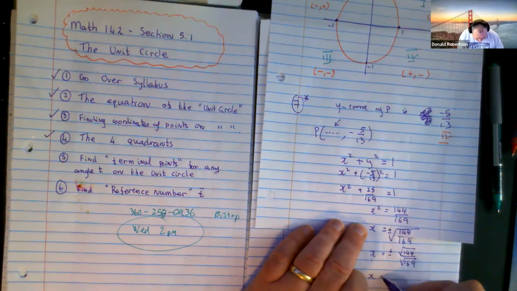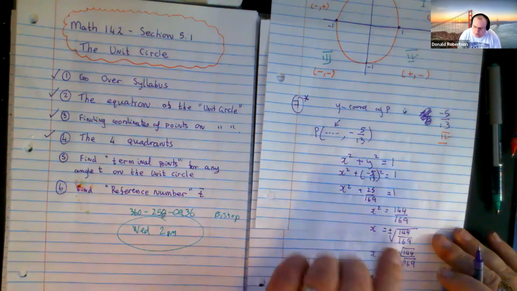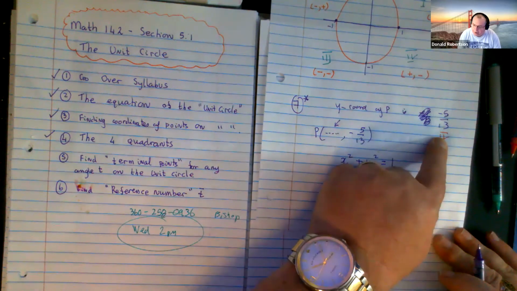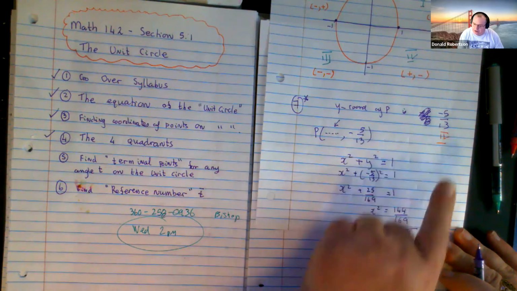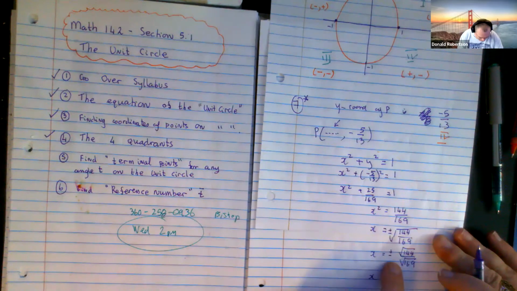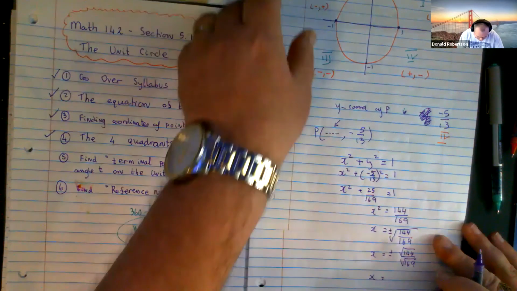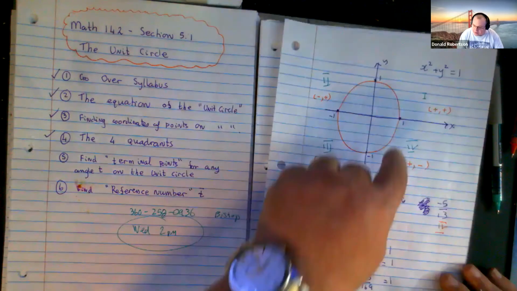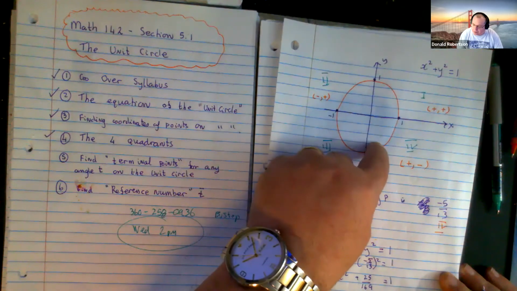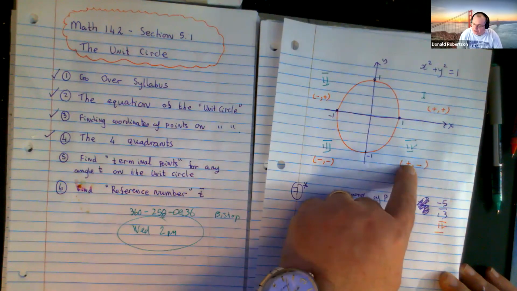Okay, this guy is in the fourth quadrant, remember? So only one of these two is correct. So I may have to drop this down a little bit. If you're in the fourth quadrant, you're in here. Isn't the X coordinate going to be positive when you're in the fourth quadrant? Do you see that?